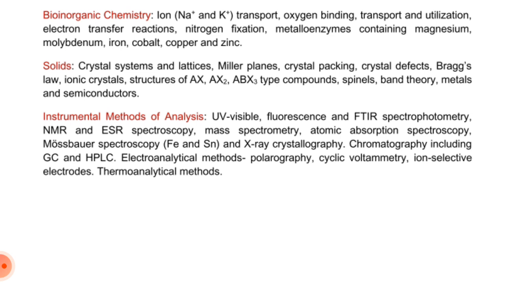Solid state: crystal systems, lattices, Miller planes, crystal packing, crystal defects, Bragg's law, ionic crystal structures, AX2 and ABX3 type compounds, spinels, band theory, metals and semiconductors. Instrumental methods of analysis: UV-visible, fluorescence and FTIR spectrophotometry, NMR and ESR spectroscopy, mass spectrometry, atomic absorption spectroscopy, Mössbauer spectroscopy, X-ray crystallography, chromatography including GC and HPLC, electroanalytical methods, polarography, cyclic voltammetry, ion selective electrodes, thermoanalytical methods.